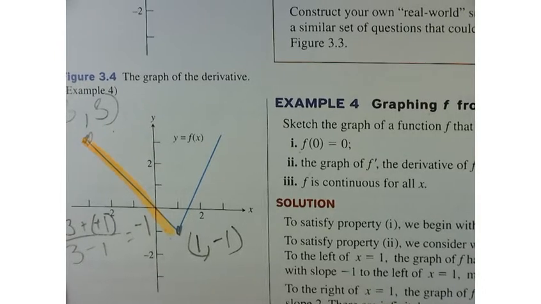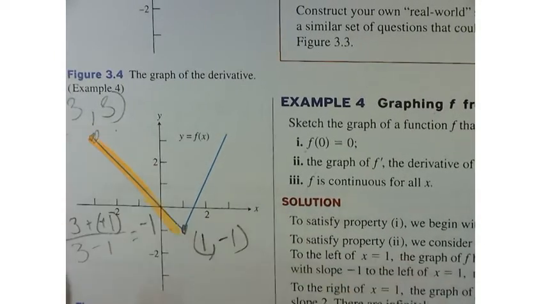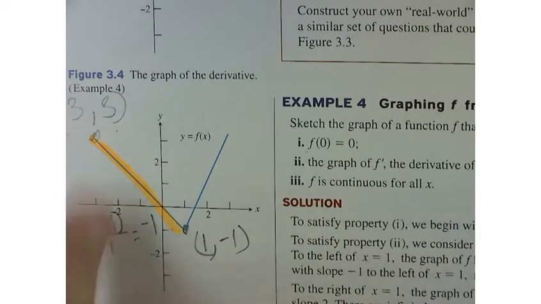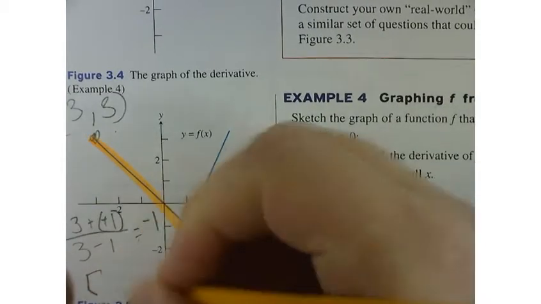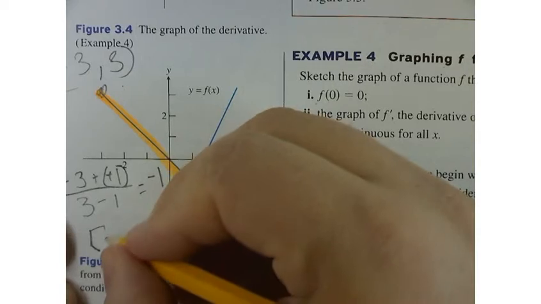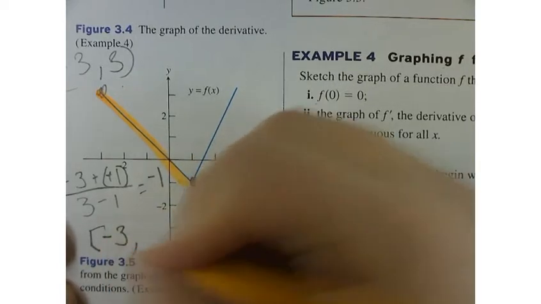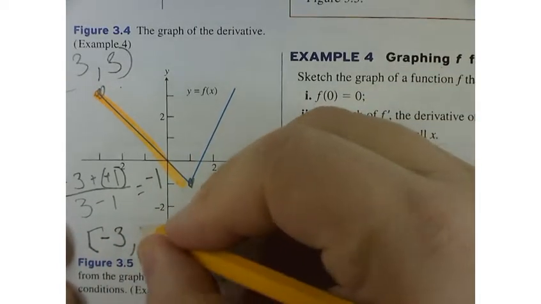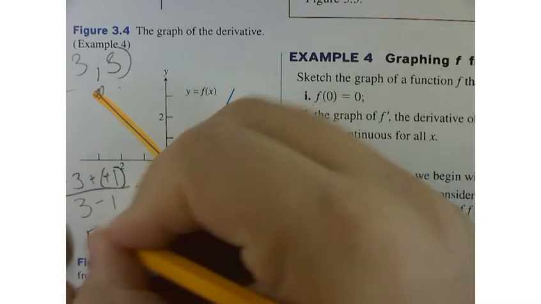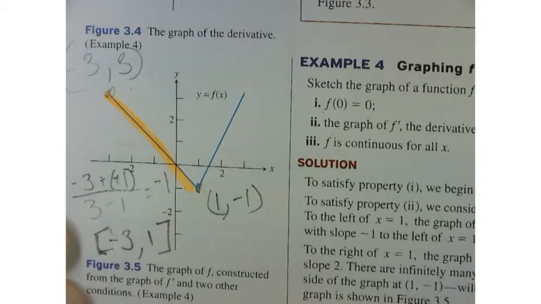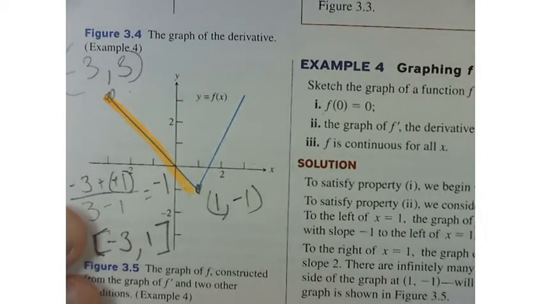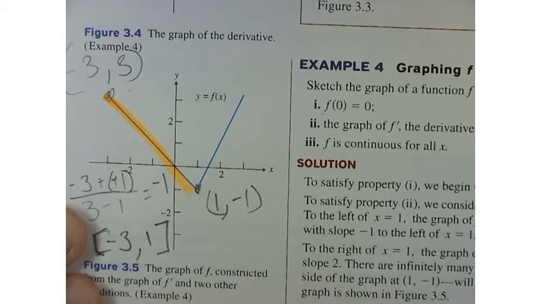So now if this is f and it has a slope of negative 1 from the interval, what is my lower boundary in the x direction? Negative 3. What is my upper boundary in the x direction? 1. Am I including the 1? Well, it doesn't matter. I could determine what it is when I get to that point.